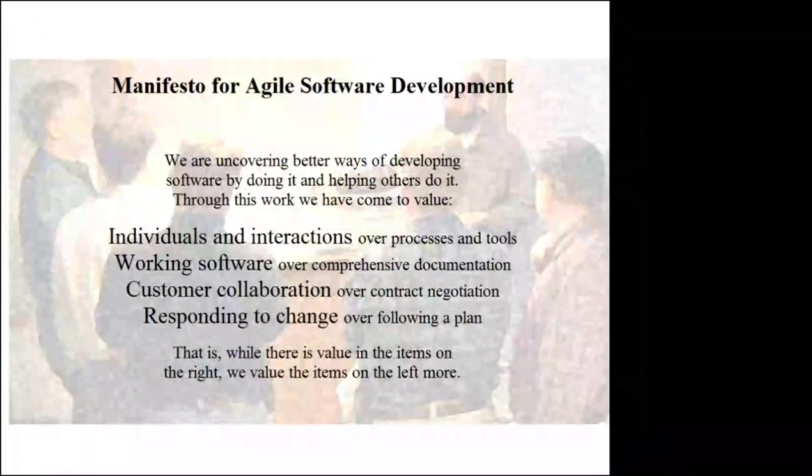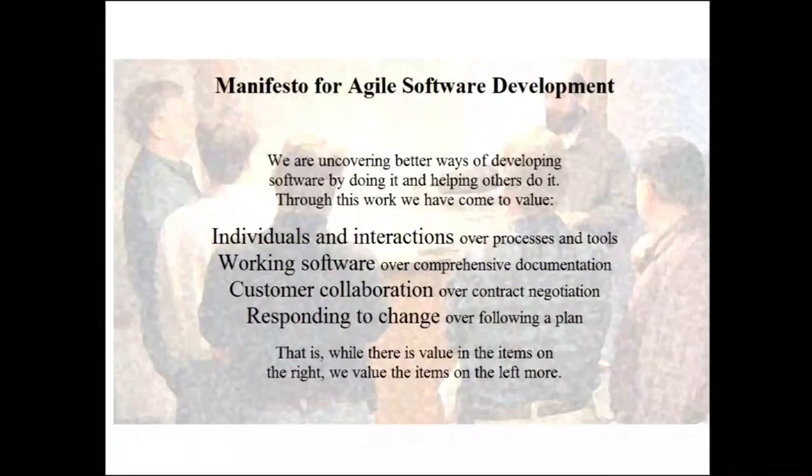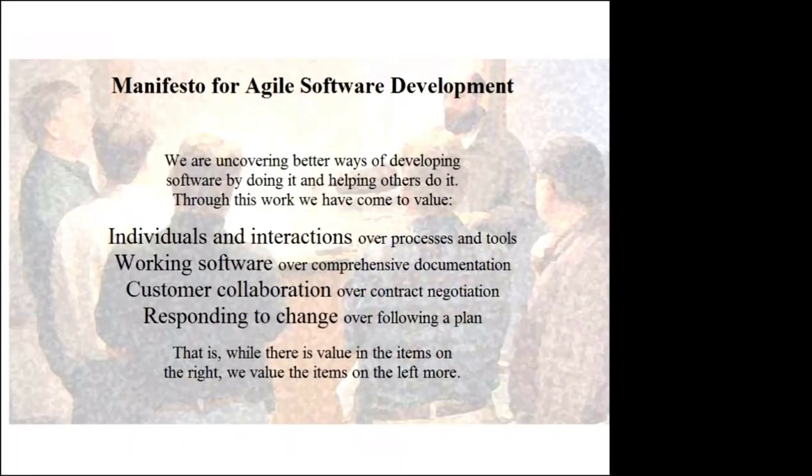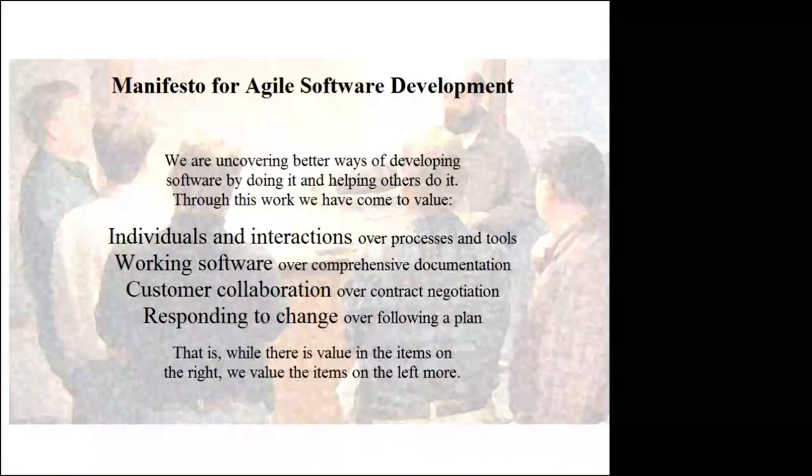The manifesto for Agile software development: Individuals and interactions over processes and tools. Working software over comprehensive documentation. Customer collaboration over contract negotiation. Responding to change over following a plan.